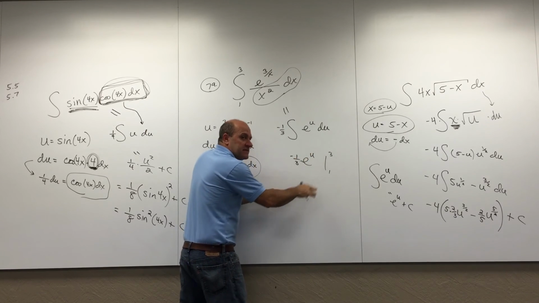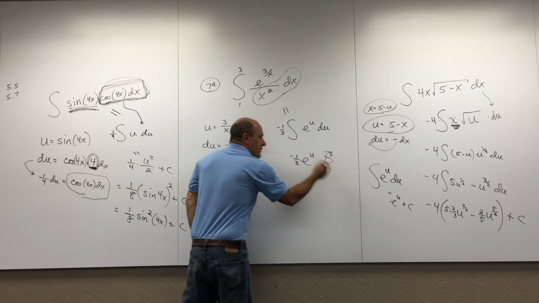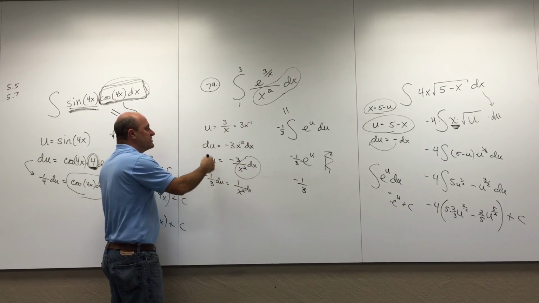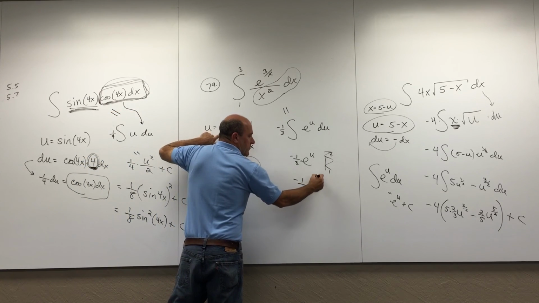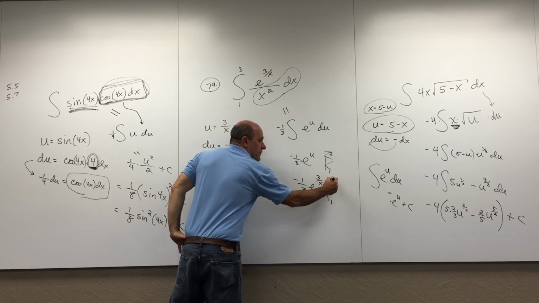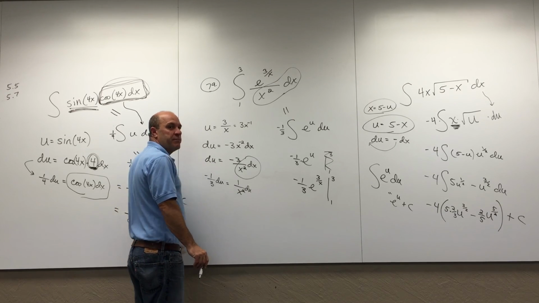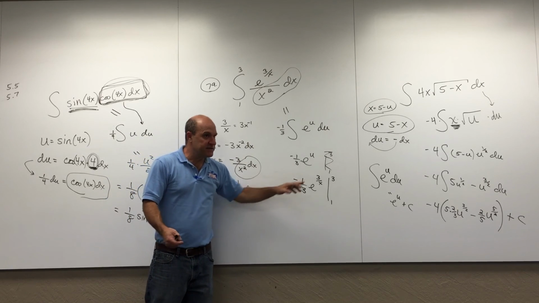I need to get back to x before I use the 1 and the 3. What was u? It's 3 over x, right you guys? 3 over x. Okay, now I can evaluate it from 1 to 3. That's all. Just get back to x's. These original bounds are x bounds, so get back to x's to use those bounds.